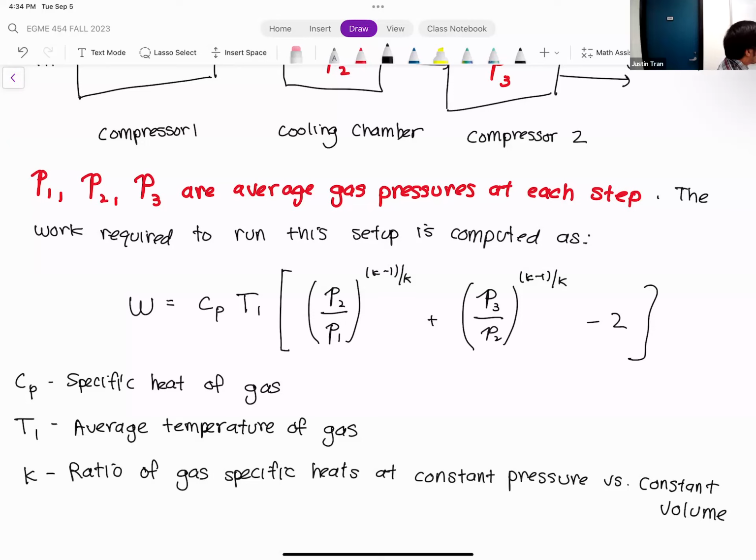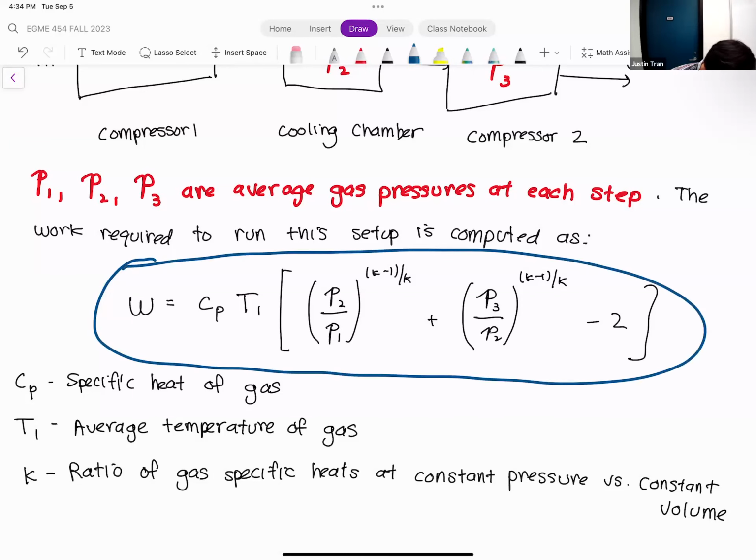And so generally when you have a process here, this is a very thermodynamic process. Usually what you want to do is minimize the power required, minimize the work required. Okay. And so we're going to try to minimize this function. Because usually you're going to see a system like this in some kind of industrial application.